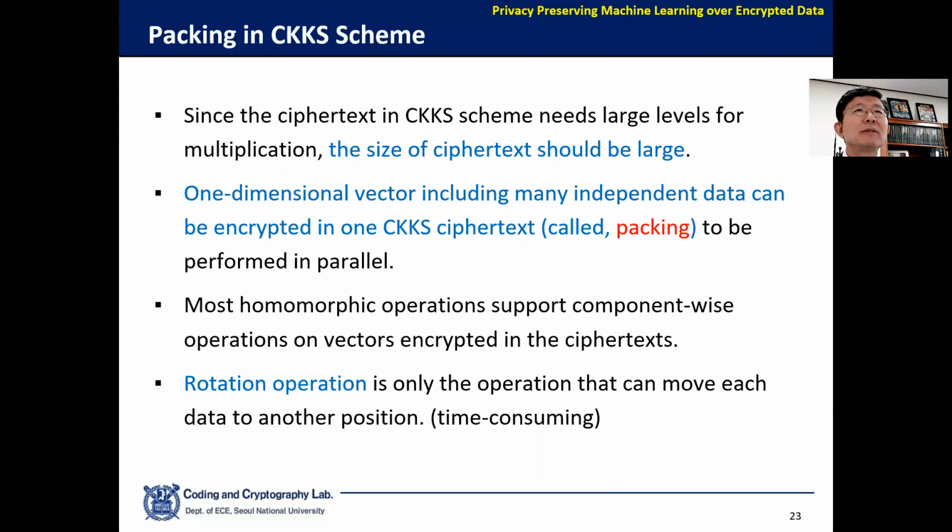A one-dimensional vector, including many independent data, can be encrypted in one CKKS ciphertext, called packing, to be processed in parallel. Most homomorphic operations support component-wise operation on the vector encrypted in the ciphertext. And rotation is the only operation that can move each data to another position, but it is a time-consuming operation.